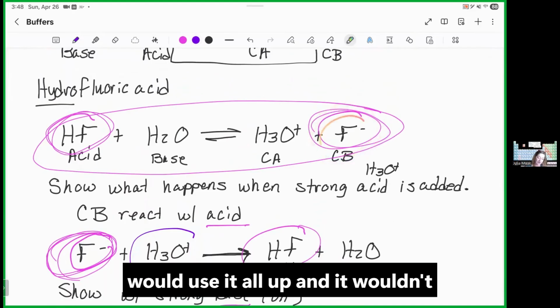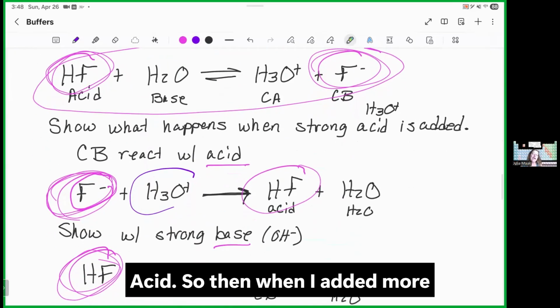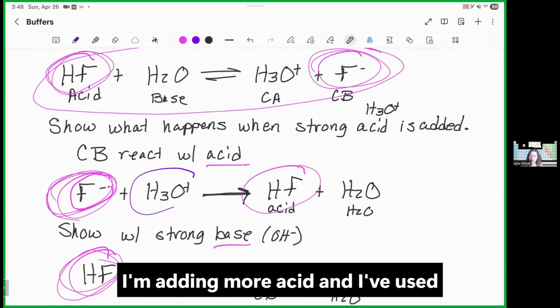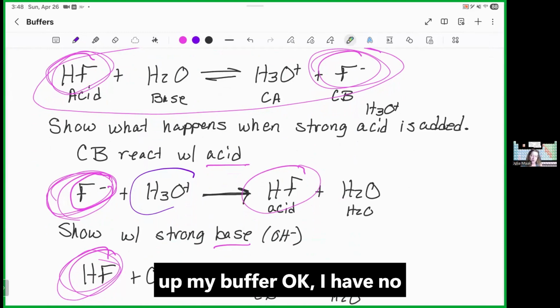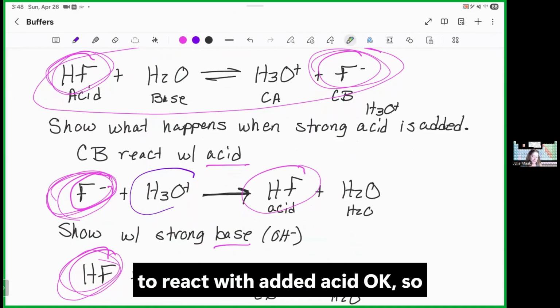Okay, so eventually I would use it all up and it wouldn't be there any longer to react with the acid. So then when I added more acid, now my pH would decrease because I'm adding more acid and I've used up my buffer. Okay, I have no more of my conjugate base in there to react with added acid.